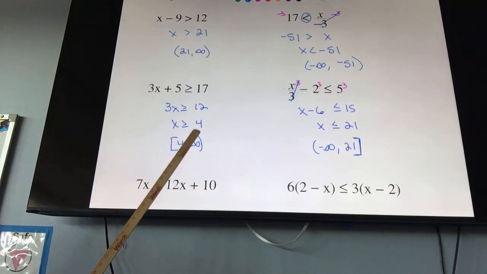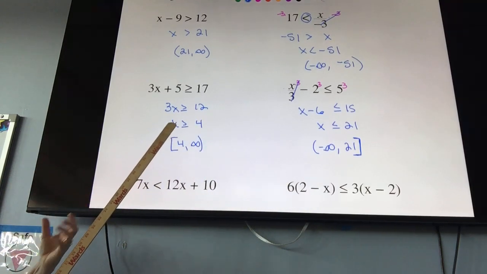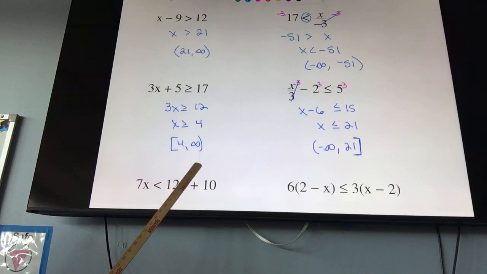Positive infinity can only be on the right side because the answer represents your smallest number to your greatest number. So infinity can only be on the right side of the answer. Okay? If you have less than or equal to, you're going to have a negative infinity in your answer. Negative infinity can only be on the left side of the answer because it's the smallest number.